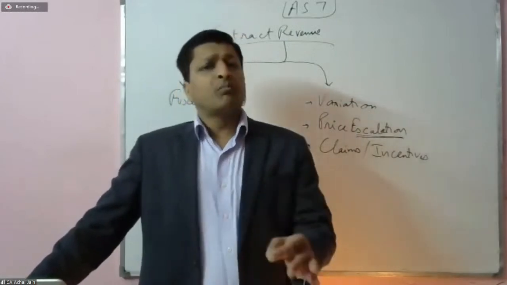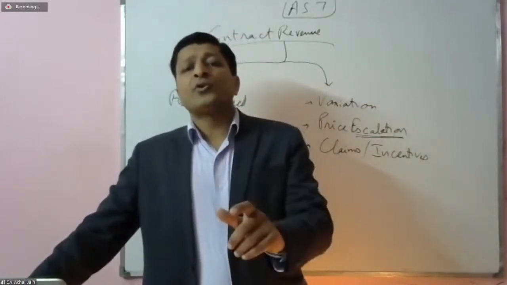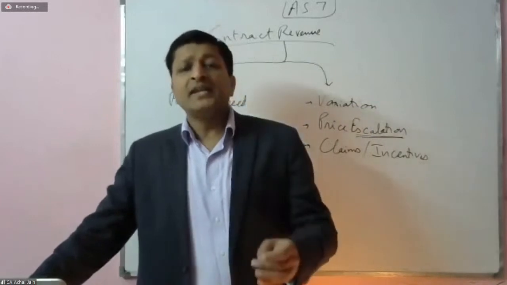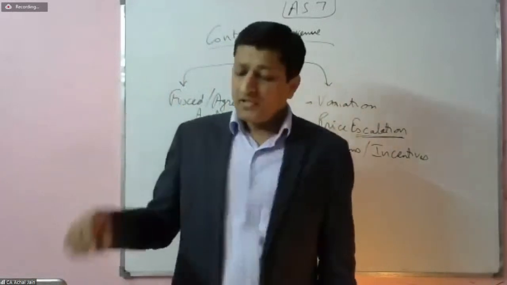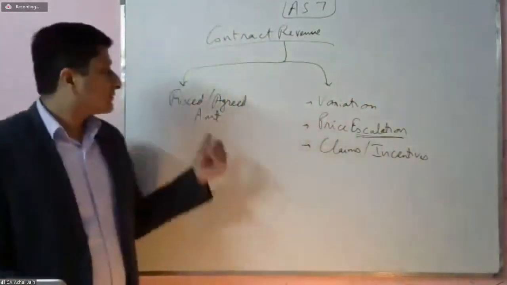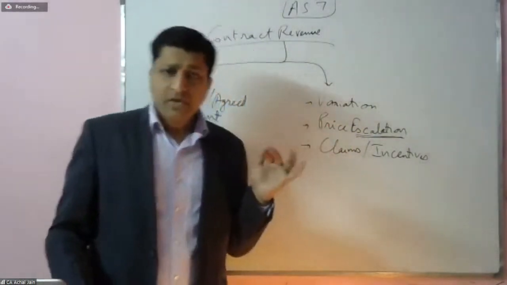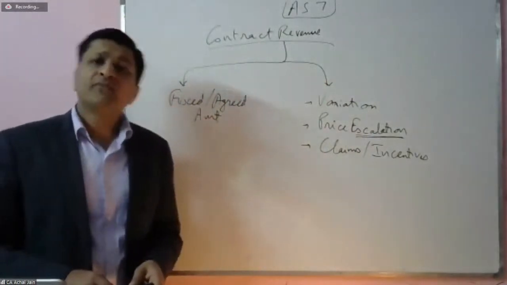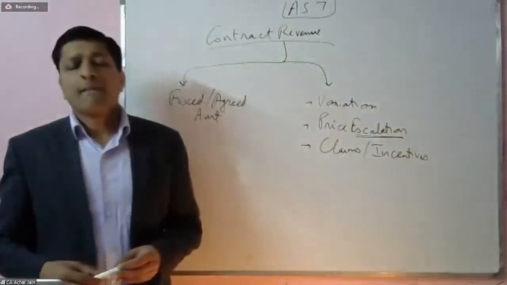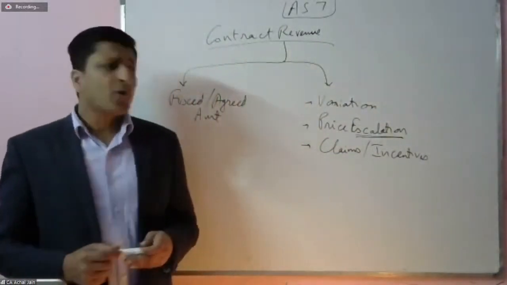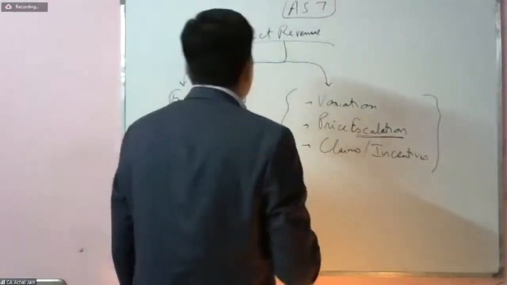That the tenure for completion of the project is 2 years, but if the contractor completes this contract in 1.5 years, then he will get 10% value higher than the agreed value. So the agreed value is X, and the contract should get completed in 2 years. But if the contractor completes the contract in 1.5 years, he will get X plus 10%. Some of these clauses are commonly seen in construction contracts.